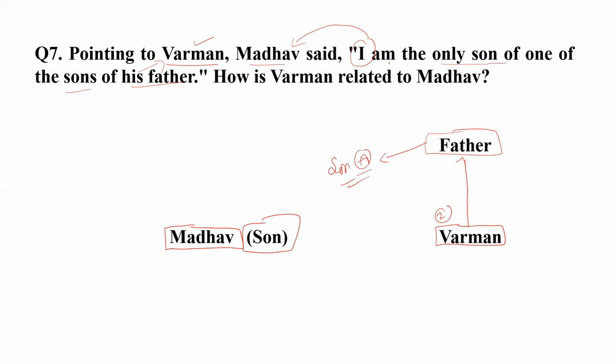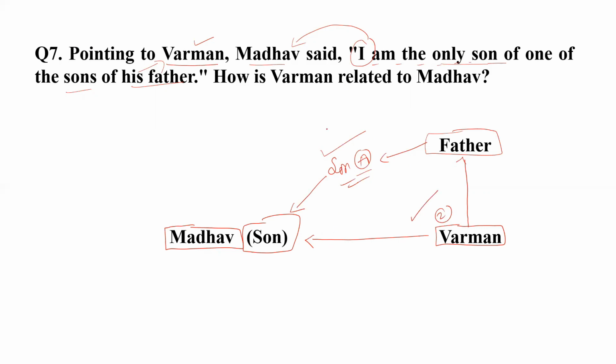Madhav is saying that I am the only son of one of the sons of his father. So that means Madhav can be the son of this man as well, or the son of that man. Either this is the son of A or this is the son of Varman.